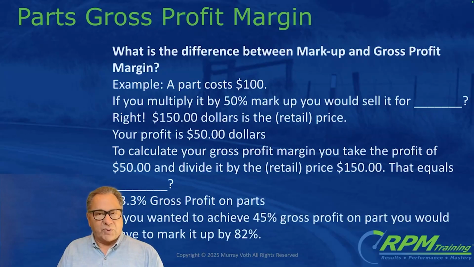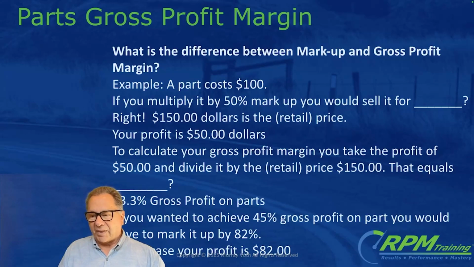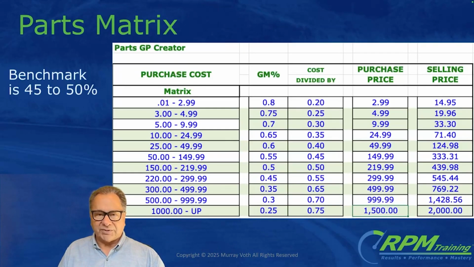If we're going for the lower end of my benchmark of 45%, you would have to mark it up by 82%. That whole markup piece can be very confusing. And so we use a different tool that most software programs that you use in your shops, you can bring into your software. And we're going to call it a parts matrix.